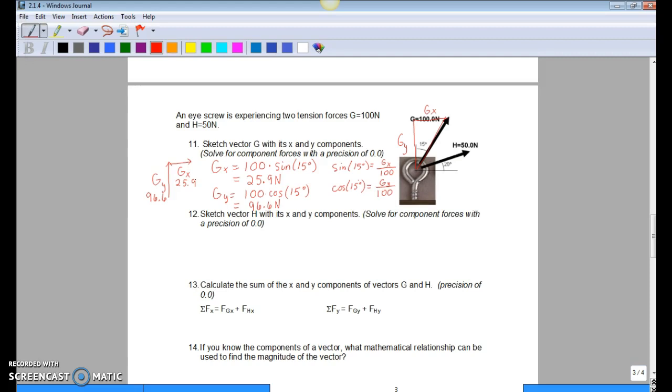12, you're doing the same thing, except your vector now has a much longer x component. So we have h in the x direction and h in the y direction.